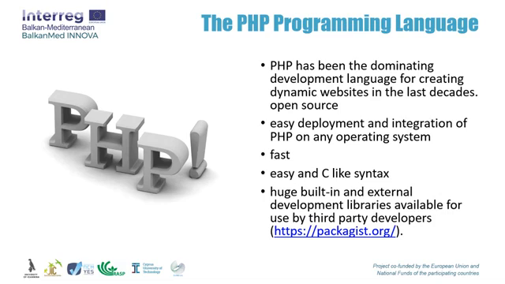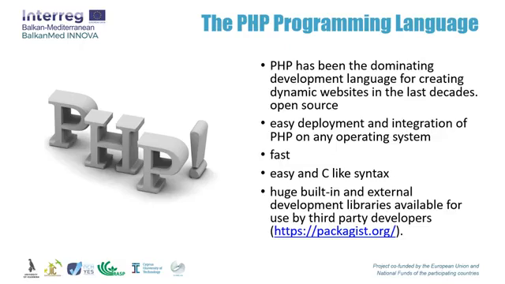PHP has been the dominating development language for creating dynamic websites in the last decades. Today, content management systems, called shortly CMS, like WordPress, Joomla, Drupal or services like Facebook, are all developed using the PHP language. One of the main reasons for PHP popularity is because it is open source.